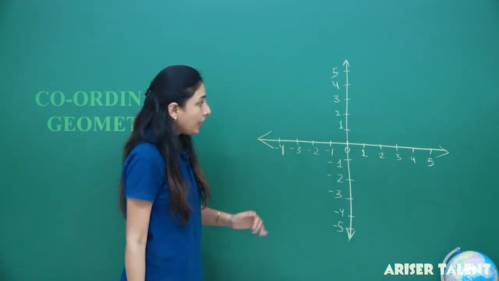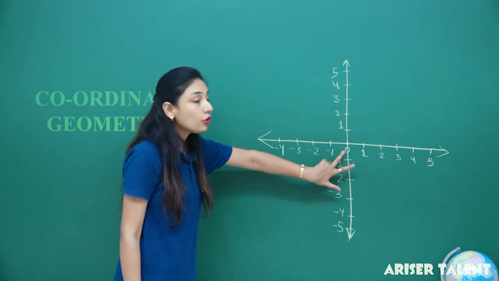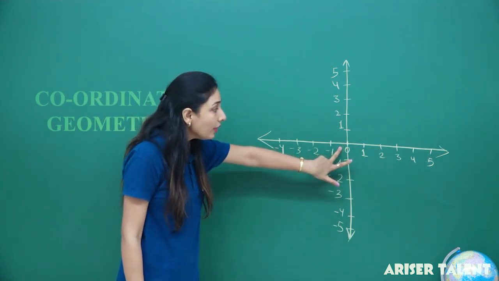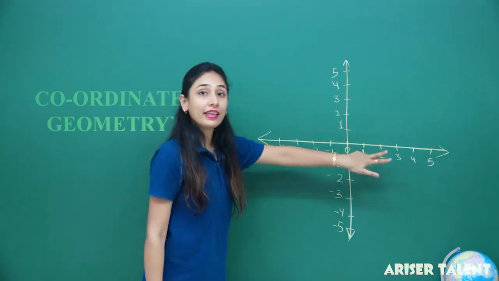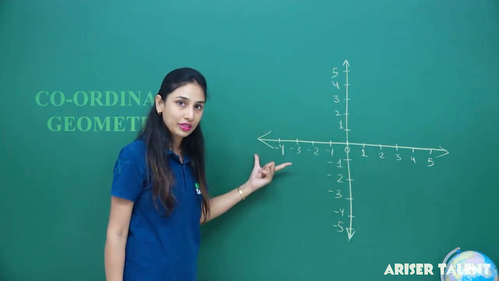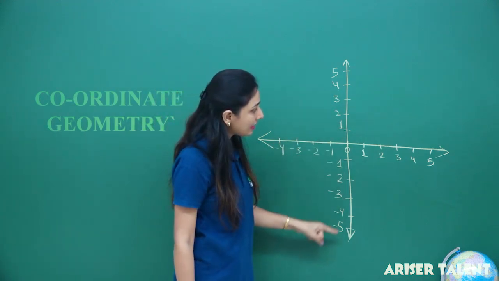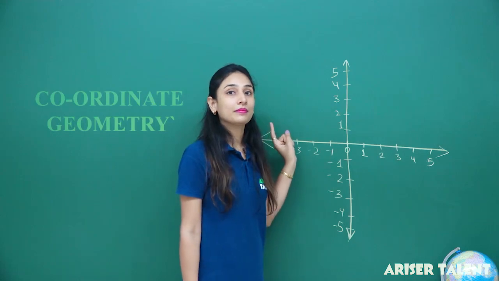Now I am naming this point 0. The 0 is 0 for this line and this line. This is the horizontal line and this is the vertical line.